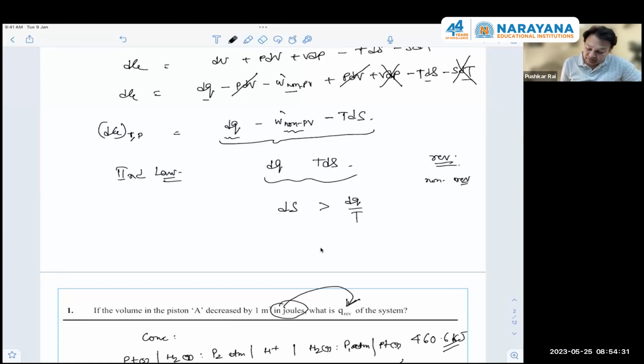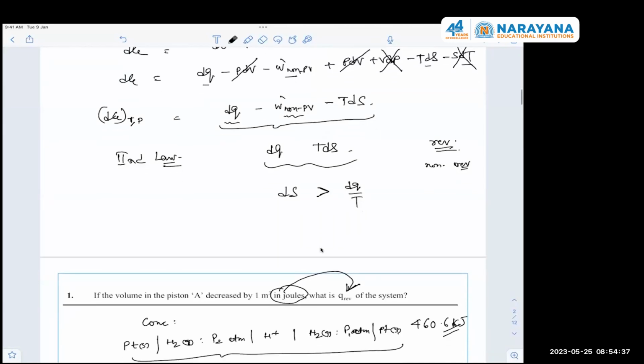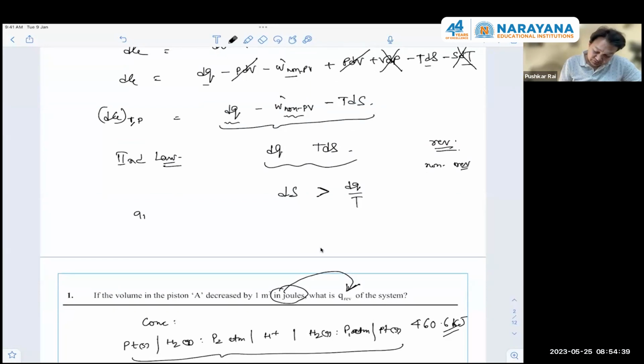So where does this result come from? It comes from the Carnot cycle. When we write q1 upon T1 plus q2 upon T2 is equal to 0 for the reversible cycle, and it is less than 0 for an irreversible cycle.